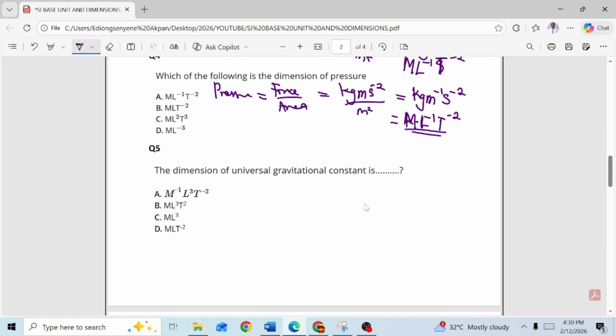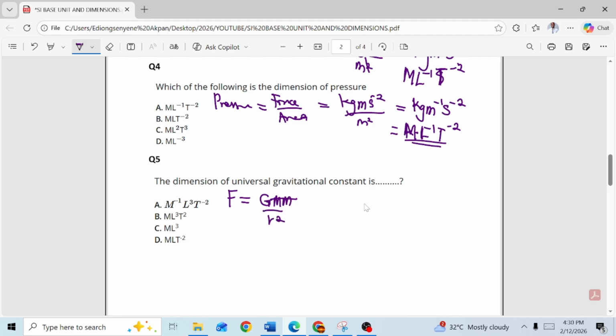Question number 5. The dimension of universal gravitational constant is dash. Universal gravitational constant, we can take it from this formula F equal to G m m over r squared. You make G the subject of formula, have F r squared over m m. F is force, r is distance.